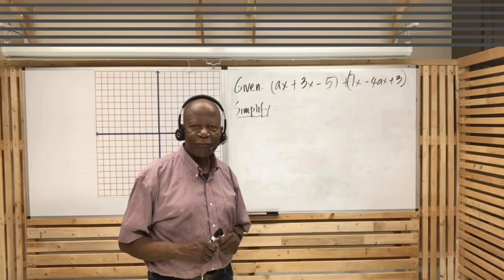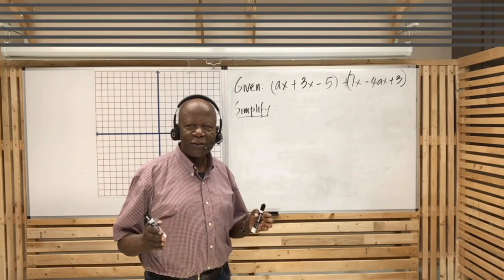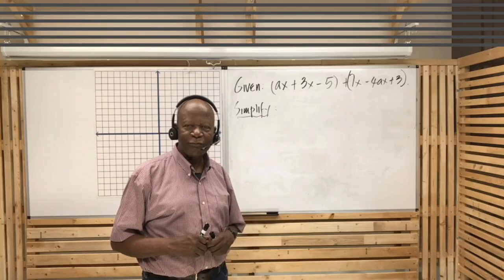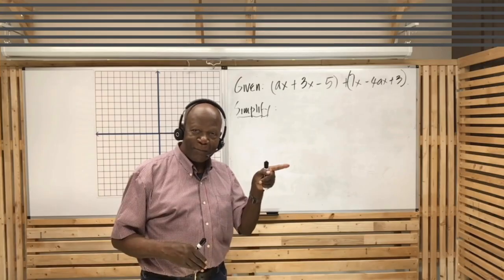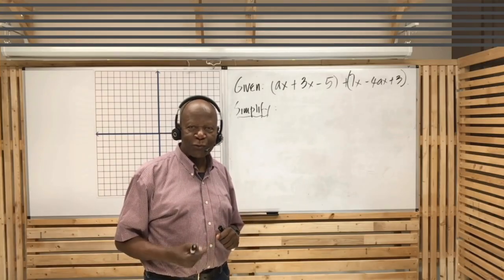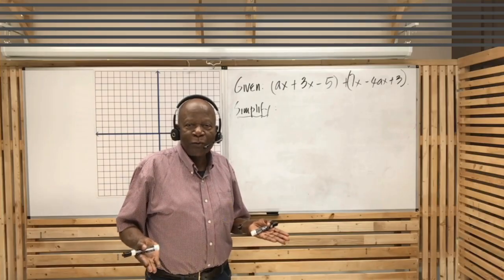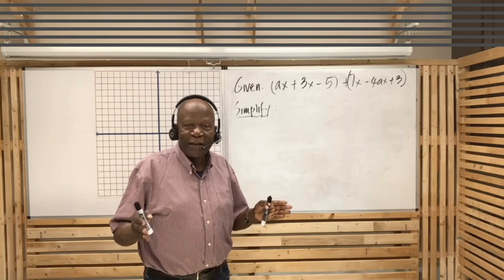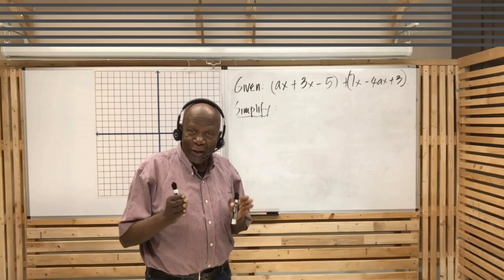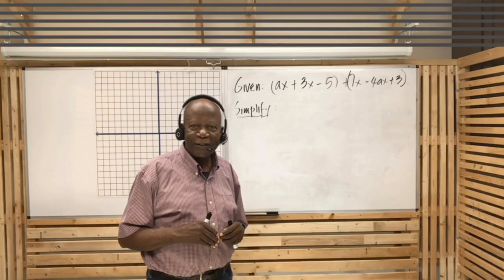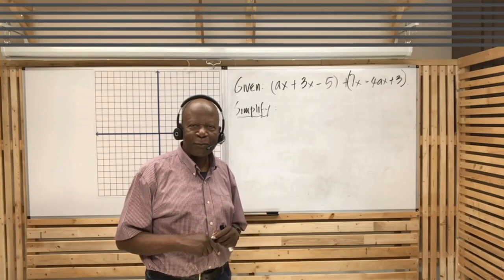Now, there are a lot of things we can do with the idea of like terms and maybe unlike terms in mathematics, because the idea is to bring terms that have the same properties, the same characteristics together. I just give you a simple example.